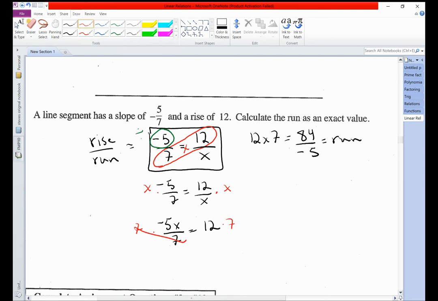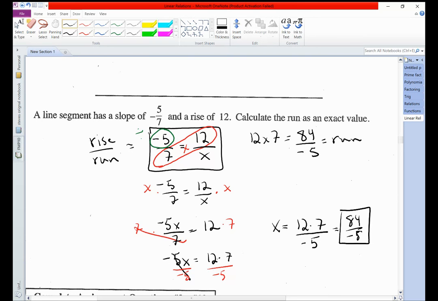So that cancels out. I'm left with -5x is equal to 12 multiplied by 7. And then I finally divide out -5. And those will cancel out. And I'm left with x being 12 times 7 divided by -5. 12 times 7 is 84 divided by -5. So you get the same answer.